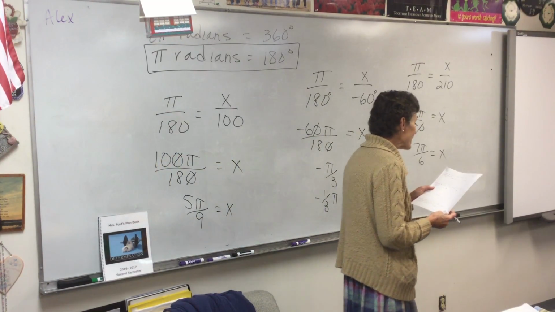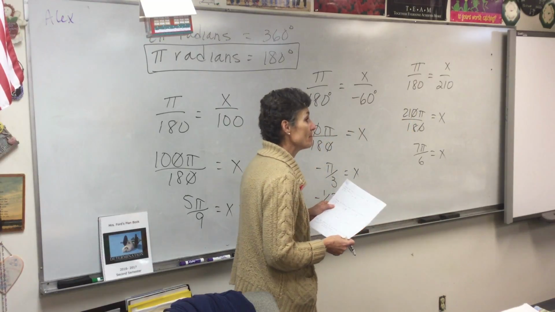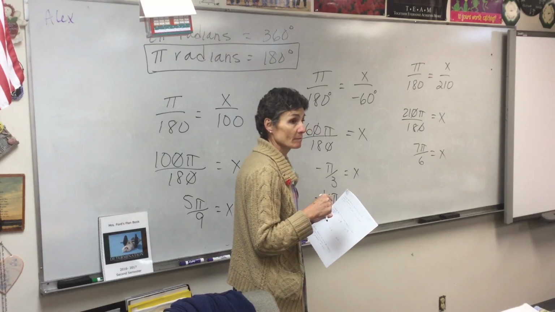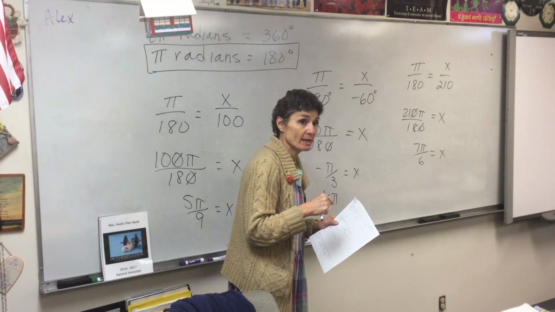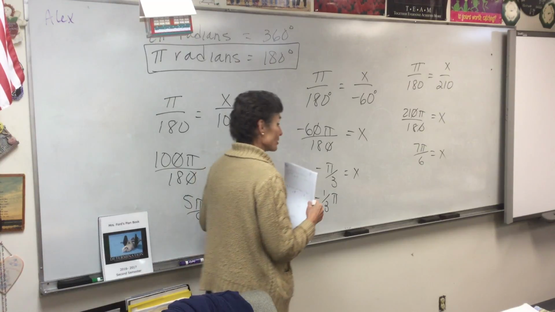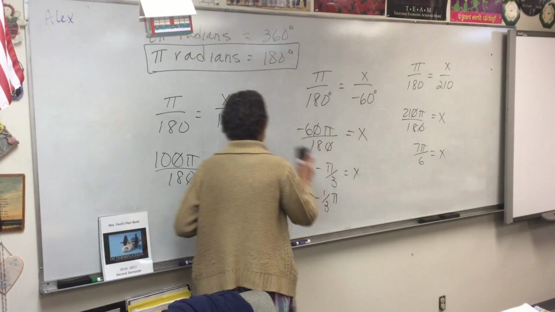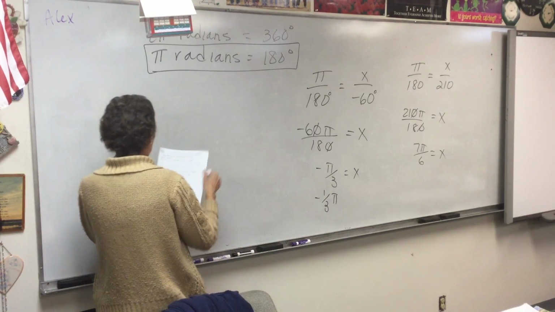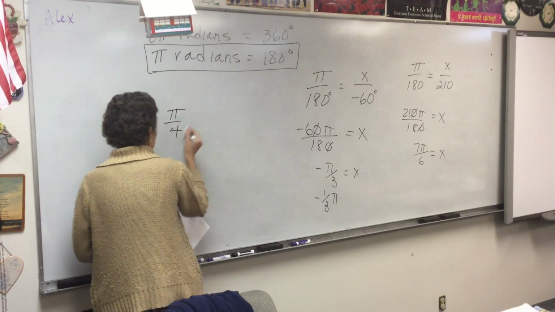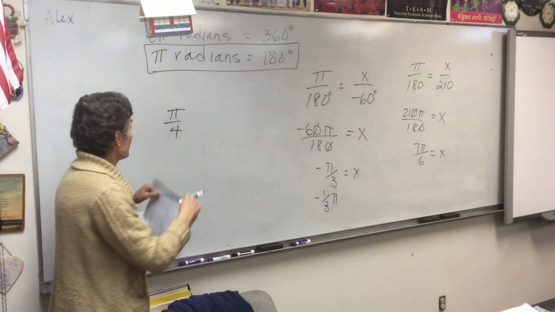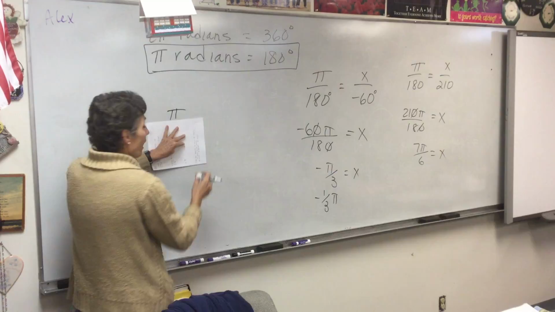Change the following radian measures into degree measures. So now we're going the other way. Everybody see that? We can do it with this ratio, but actually in most problems we don't have to. Let me show you. If we have pi over 4 as our radian measure, what if I just had pi?